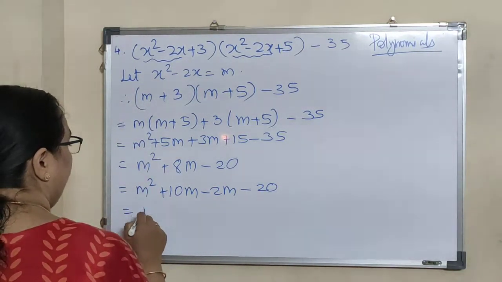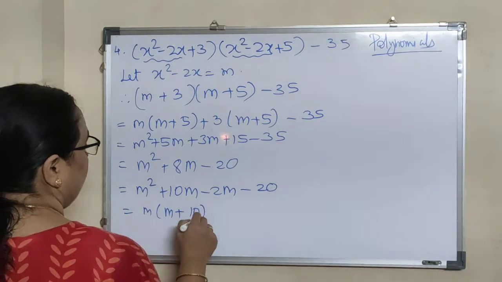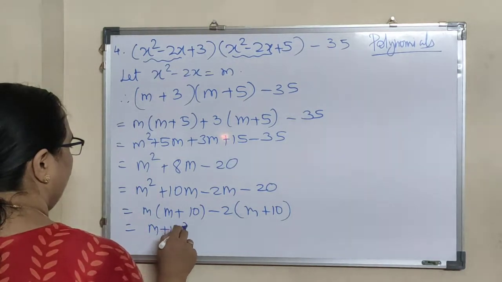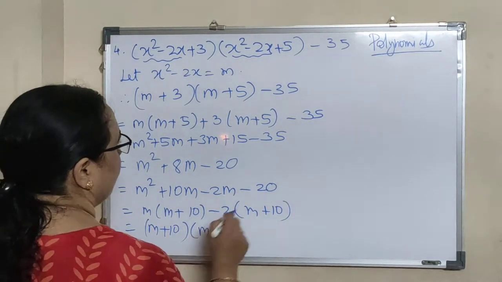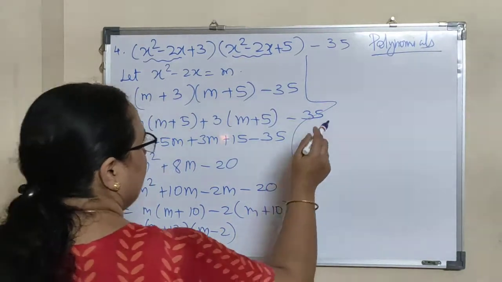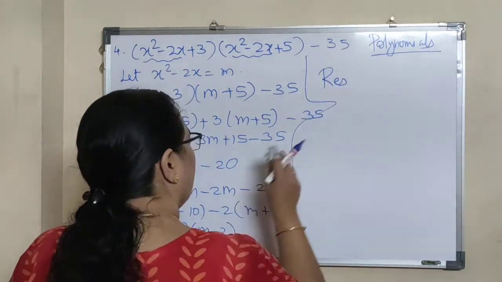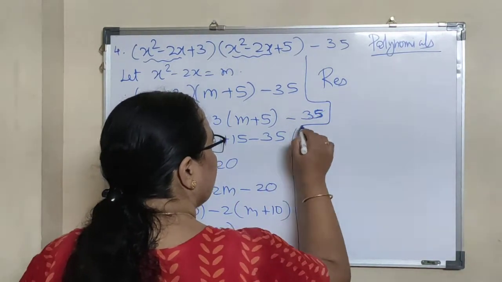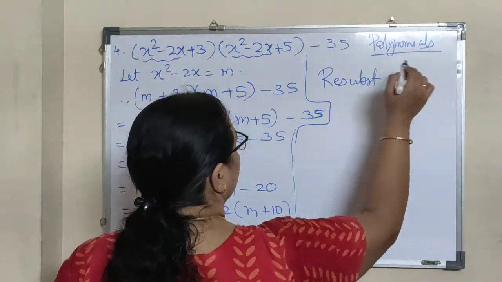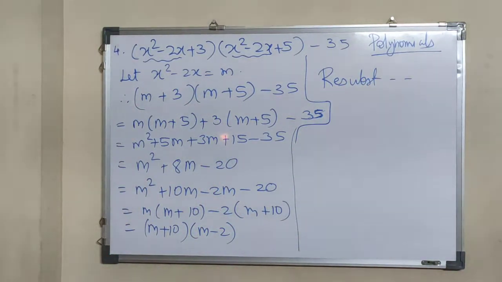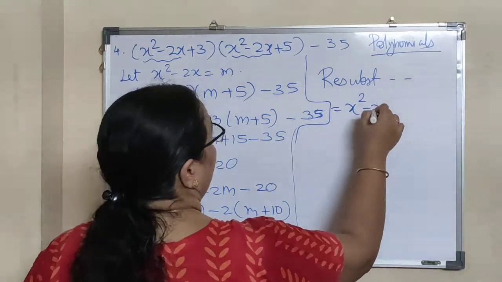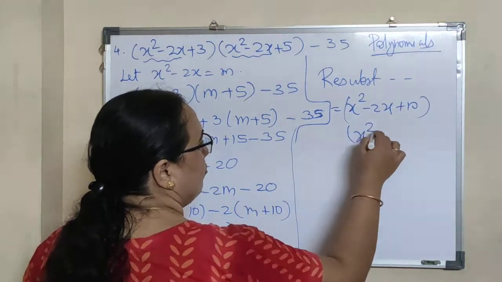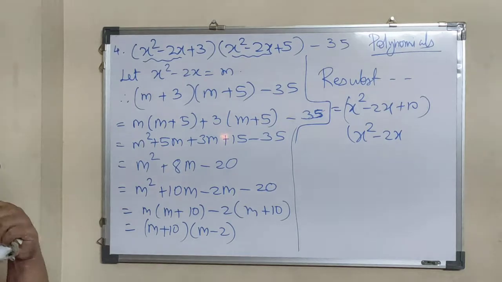M is common, m plus 10; 2 is common, m plus 10 into m minus 2. What do we do next? Yes, resubstitute. So when we resubstitute, what we get is (x square minus 2x plus 10), second bracket (x square minus 2x minus 2).